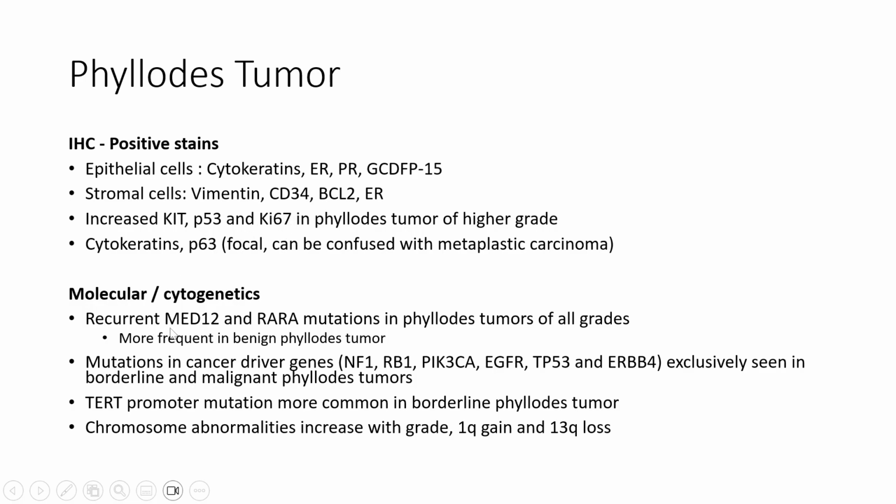In the benign phyllodes, usually you find a similar molecular finding of MED12 and RARA mutation. But in the malignant case, you may find other driver mutations just like other malignancies, like neurofibromatosis 1, RB1, TP53, even TERT promoter mutation, and also chromosome changes.